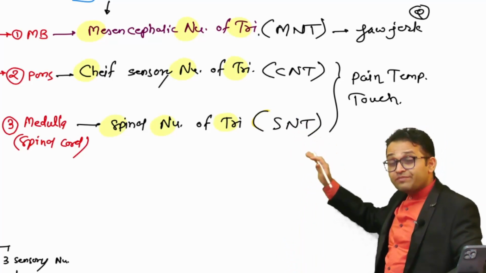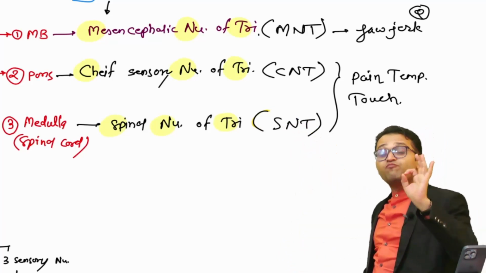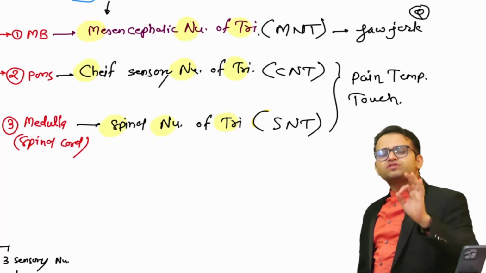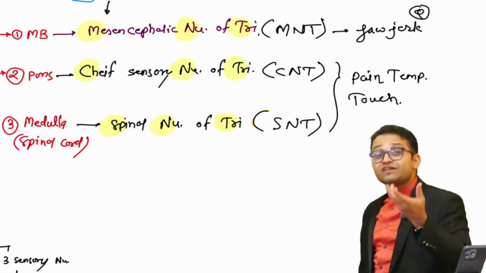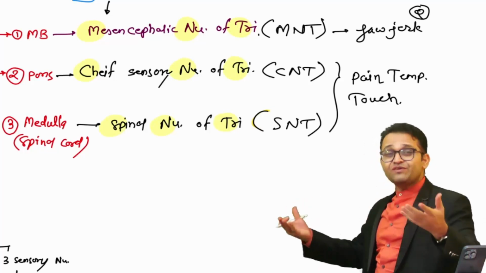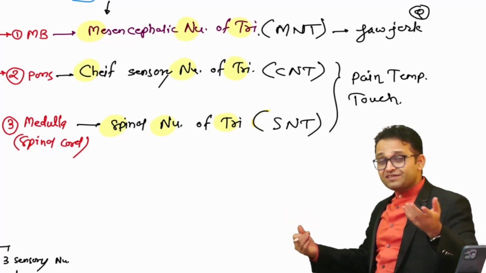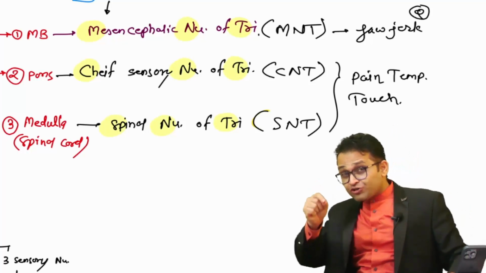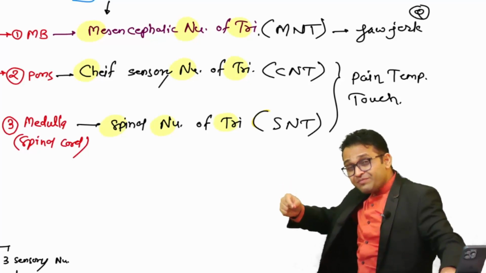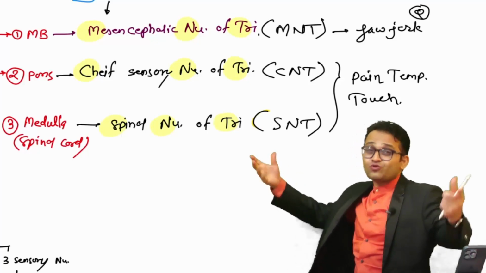One more question had been asked: sense of position, proprioception. Remember, this proprioception is a reflex pathway. We know in physiology the monosynaptic reflex. I told you: tone, then posture, then equilibrium, then movement.